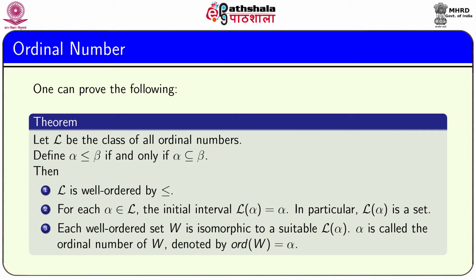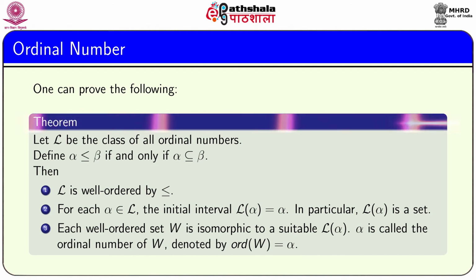One can prove that if L is the class of all ordinal numbers and if we define less than or equal to on this class L as inclusion of sets, that means alpha is less than or equal to beta if and only if alpha is a subset of beta, then L is well ordered by this relation.